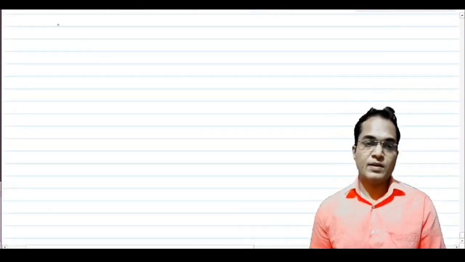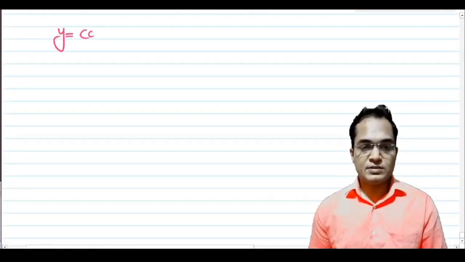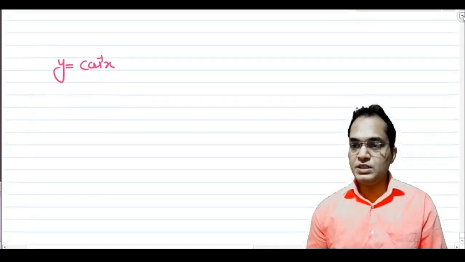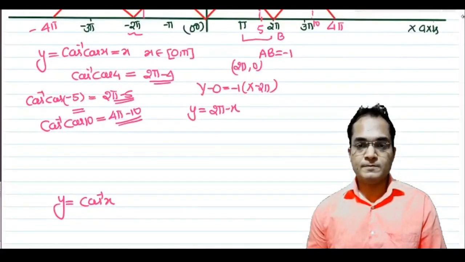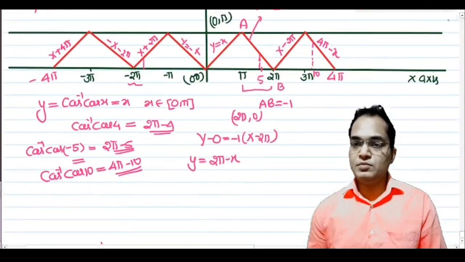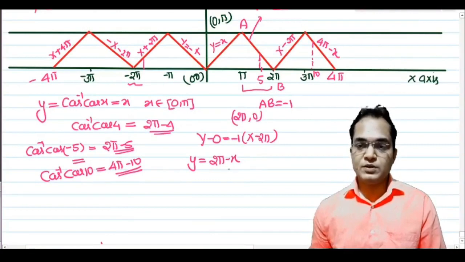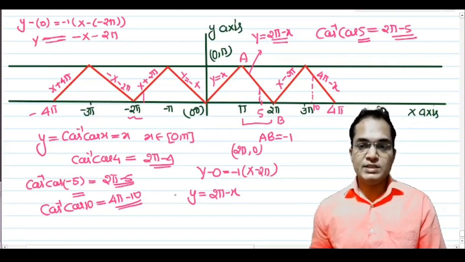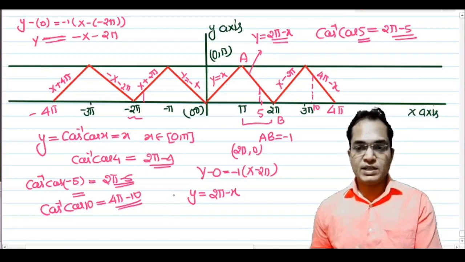Okay, then we can understand y equals cos inverse cos x. There are some scenarios. The first is this type of scenario, where the graph is 2 pi minus x, 4 pi minus x, 6 pi minus x.